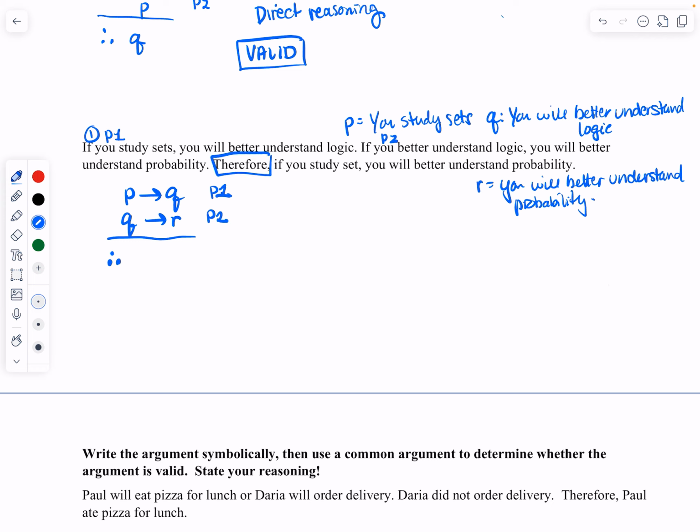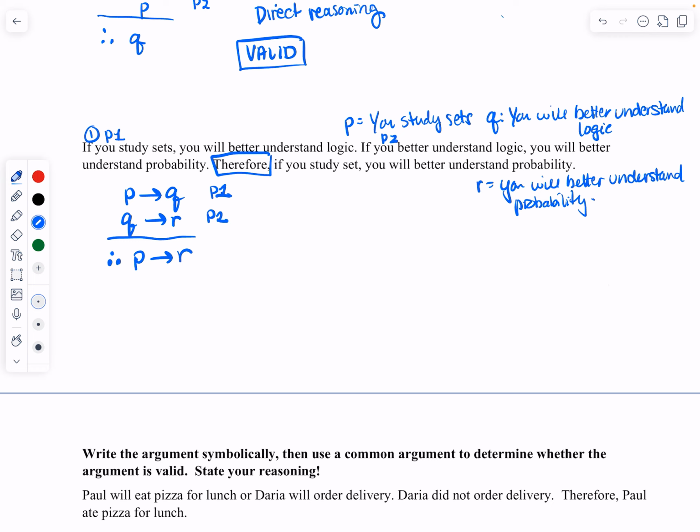Therefore, if you study sets, you will better understand probability, which is R. So the conclusion is if P, then R.